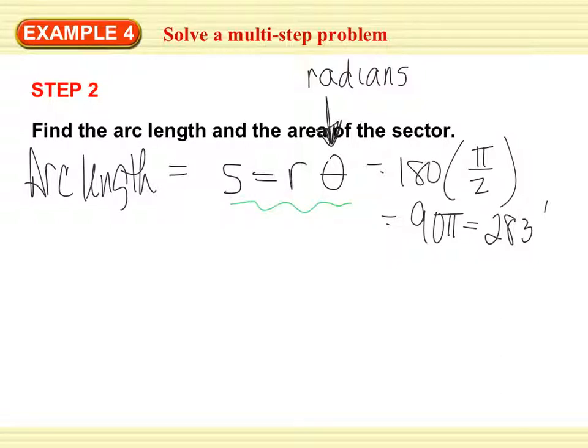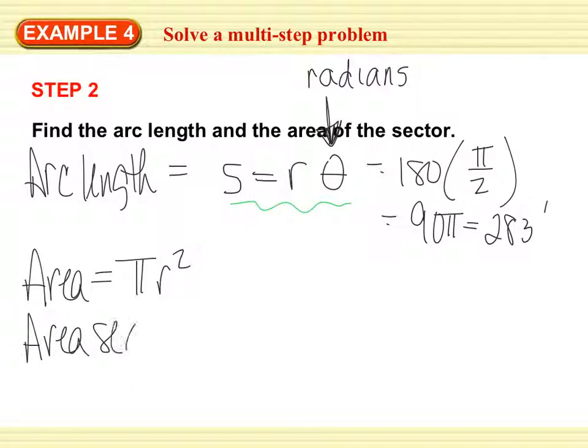Now let's do area. We do know the area of a circle is pi r squared, but since we have just the area of the sector, it's a little bit different. This is what we would have learned with circles in geometry class, if you got that far in geometry. I'm not sure if you did, so we'll have to write this down.